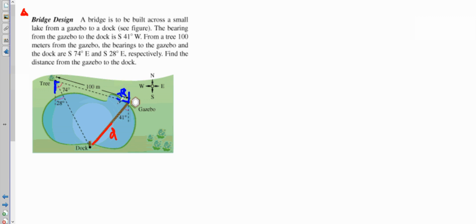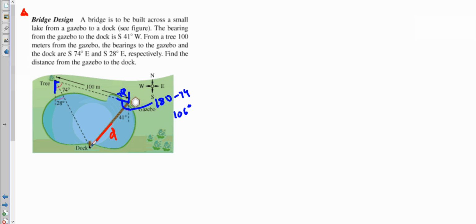This is our transversal. Then this angle right here is going to equal 180 minus 74 degrees, which we know is going to equal 106 degrees. So this is 106 degrees.